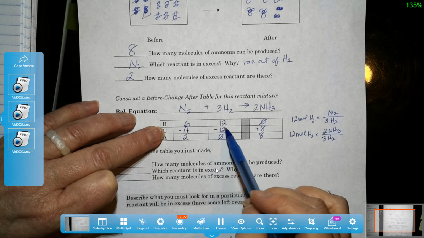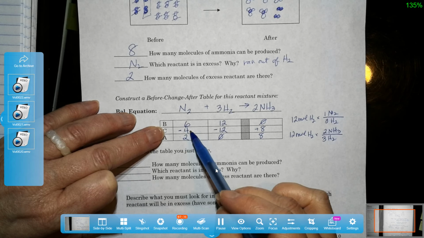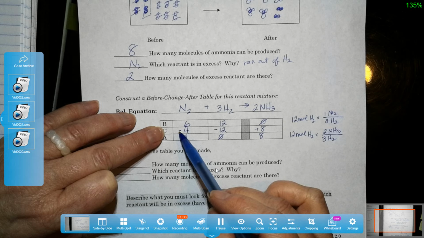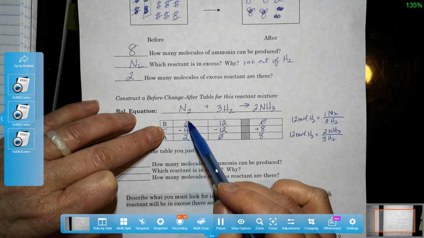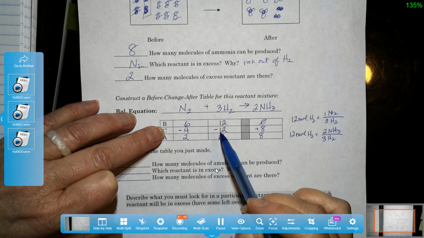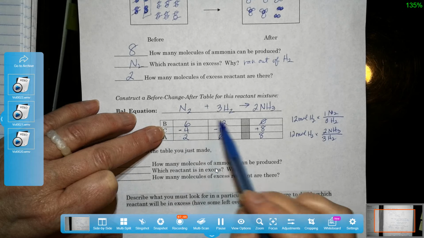Remember, you can only use up what you actually have. And if by choosing one reactant, it turns out that you're using it more than you have, that means the one that you started with is not your limiting reactant. You got to switch them.